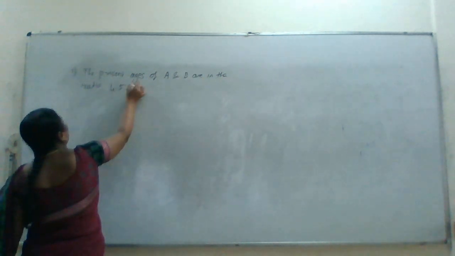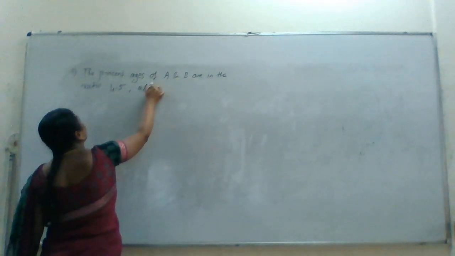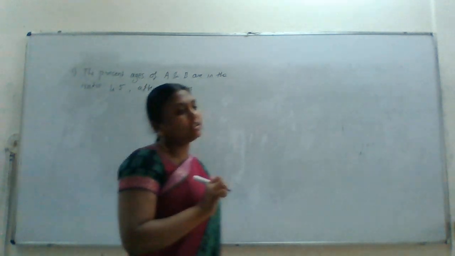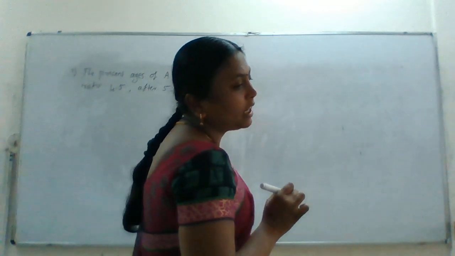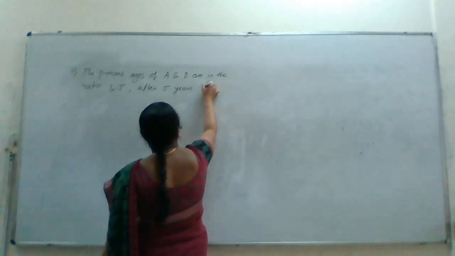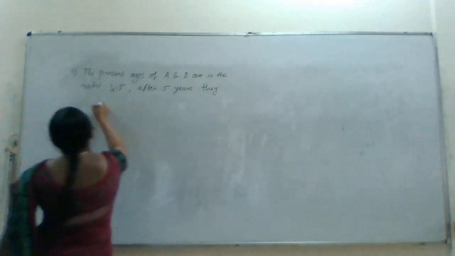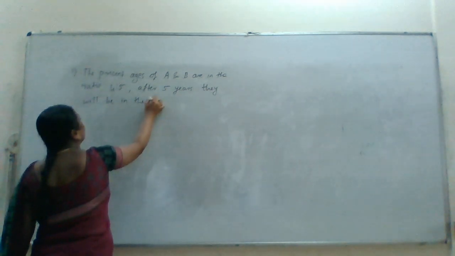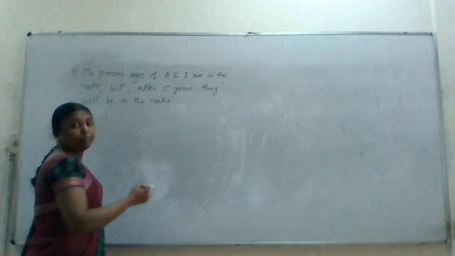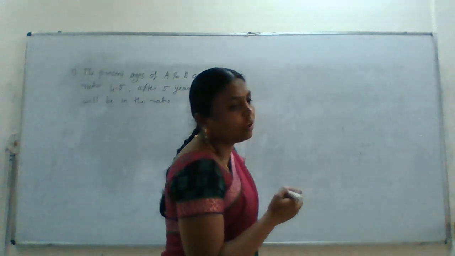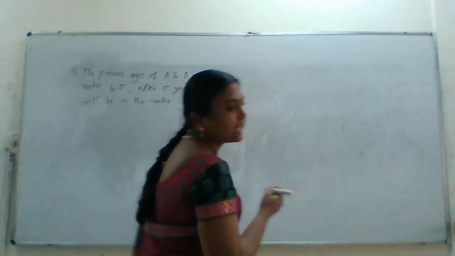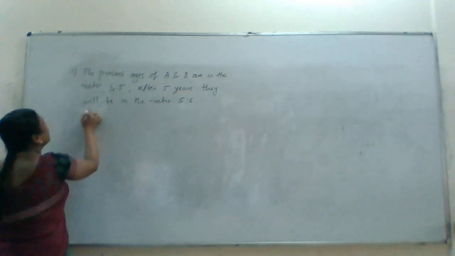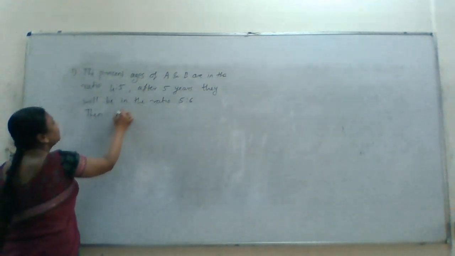After 5 years, they will be in the ratio 5:6. Then the present age of A is.